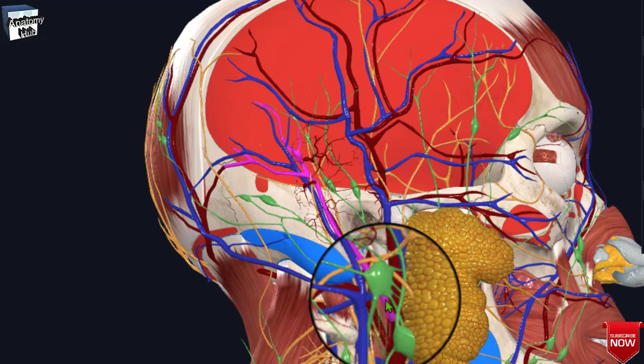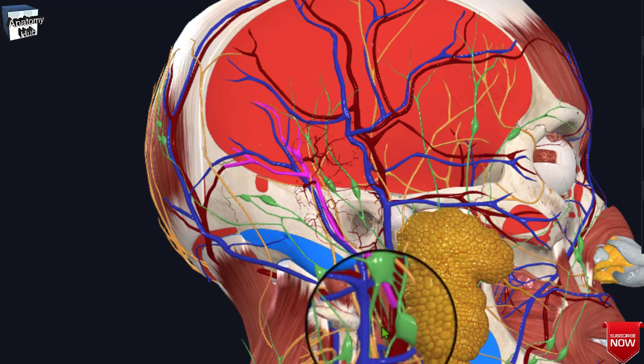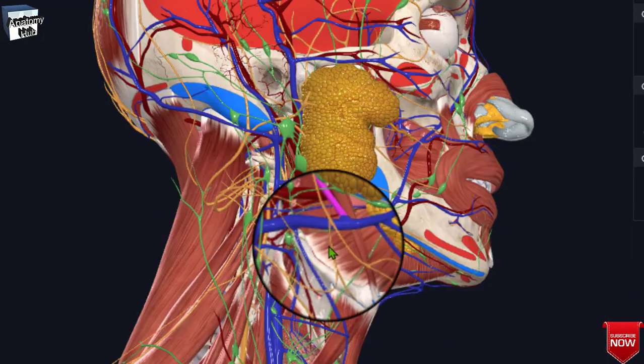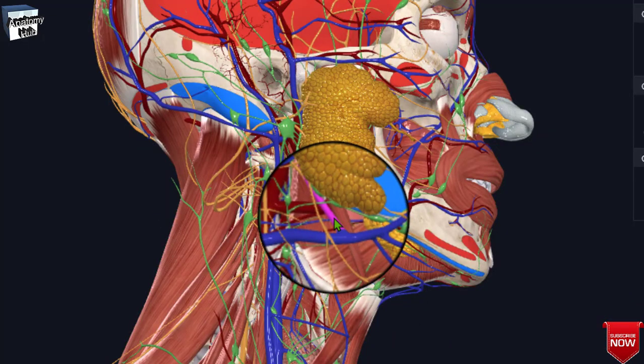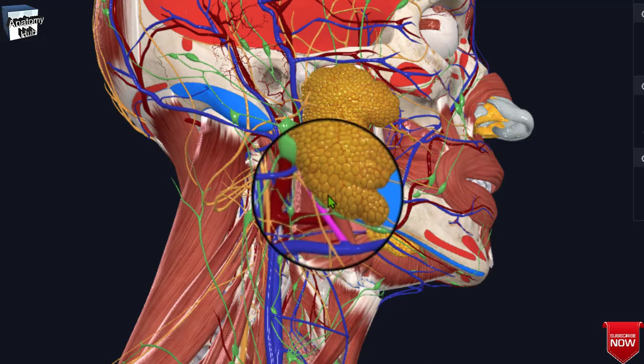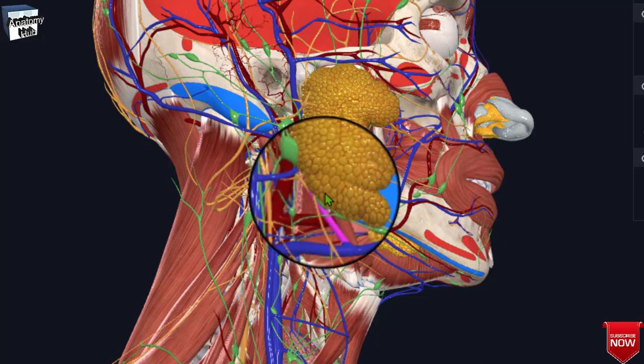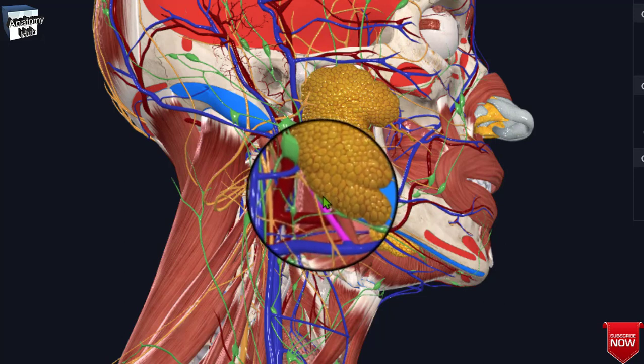The third structure that passes through the parotid gland is the retromandibular vein that can be observed over here. This is your anterior division of the retromandibular vein. It is the product of the union of the superficial temporal and the maxillary veins. They enter the parotid gland at the same point that their corresponding arteries leave the gland.